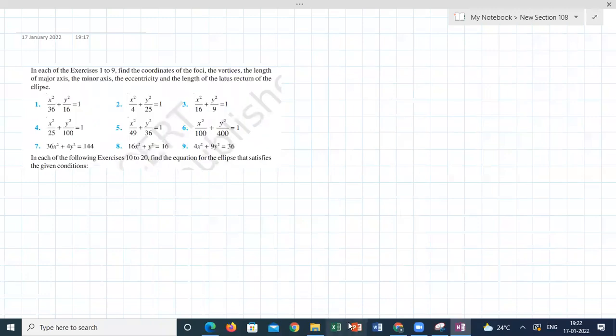Students, all should practice. I'm giving the time. Do the fourth question. It looks like the same formulas. By drawing the diagram, you can understand: x square by 25 plus y square by 100 is equal to 1.